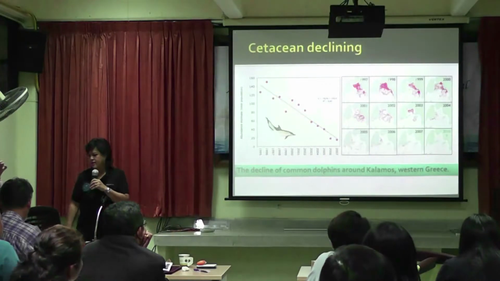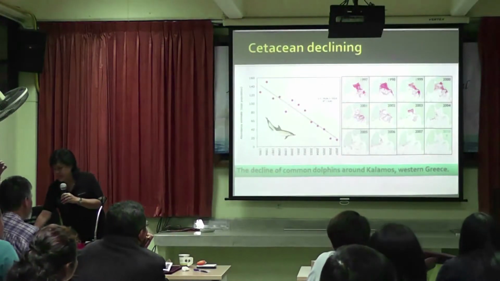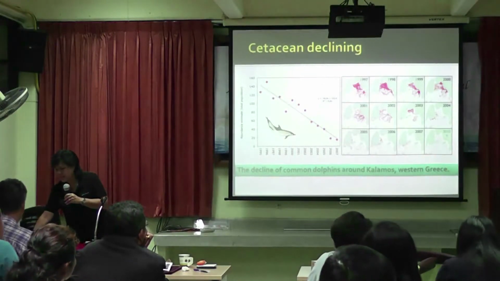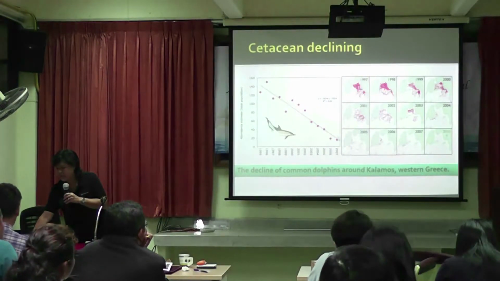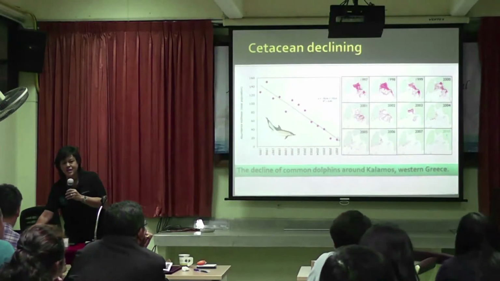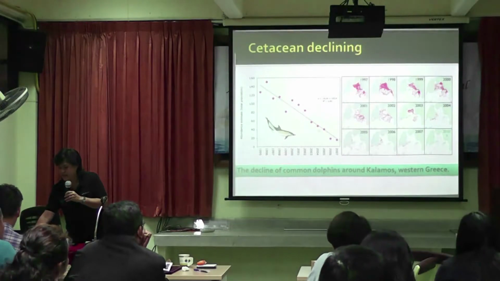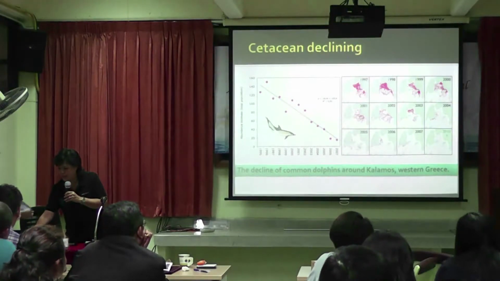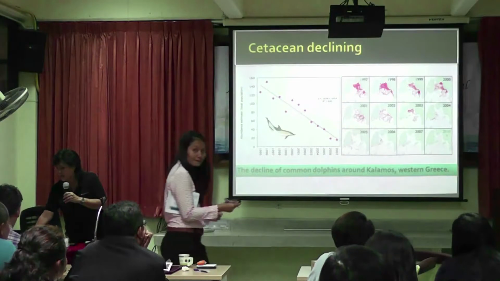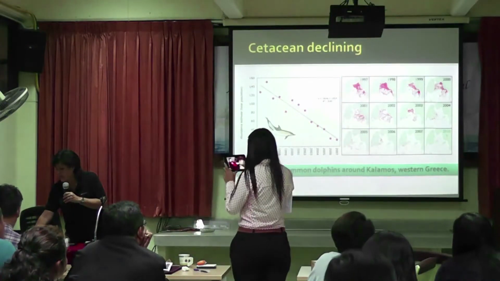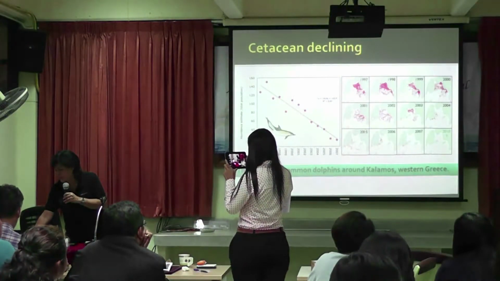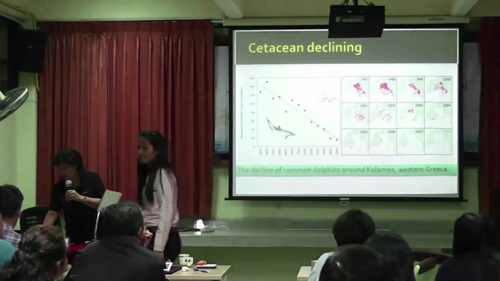As you see in the graph, as expected, the cetaceans have been declining since 1995. This is up to 2007. But I think if it goes on, it probably follows the same trend, down, down, down. So the abundance of the animals has been really decreasing. And you can see that, of course, mostly in Asia.